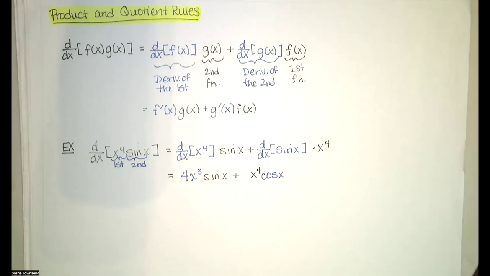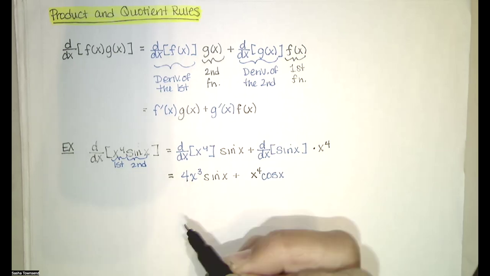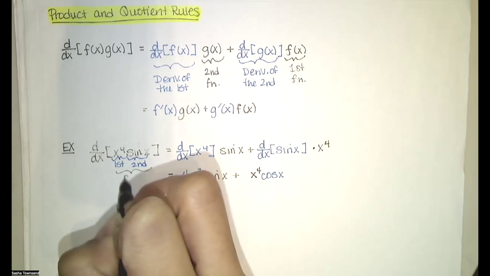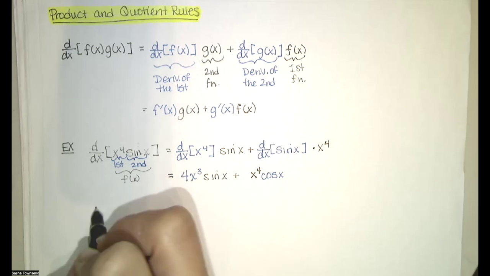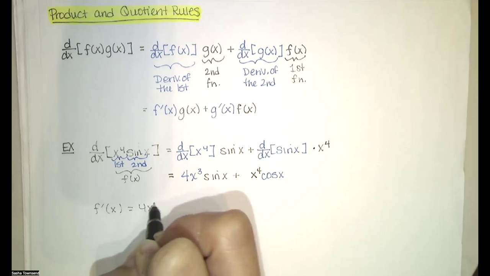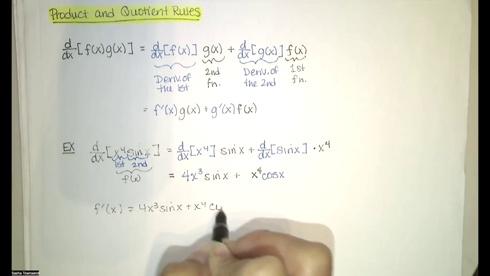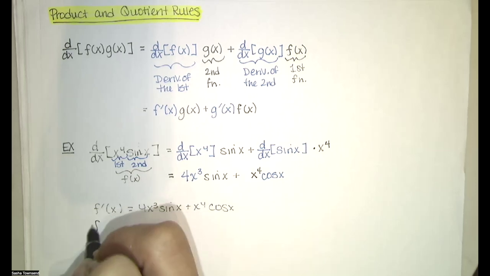So let's actually use this to find the slope at x equals 0.5. So if I call this f of x, then f prime is equal to 4x cubed times sine of x plus x to the 4th times cosine of x. And we can evaluate that at 0.5.